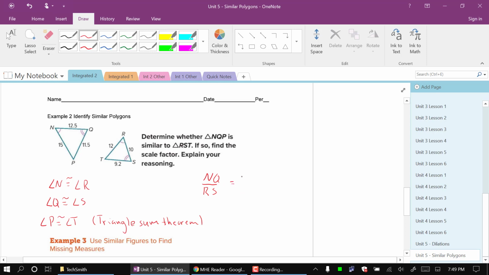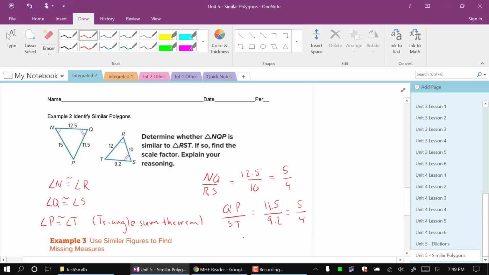NQ is 12.5, RS is 10, and this reduces down to 5/4. Our next side length is QP and ST. This is 11.5 over 9.2. These are our shortest sides, and this reduces down to 5/4.